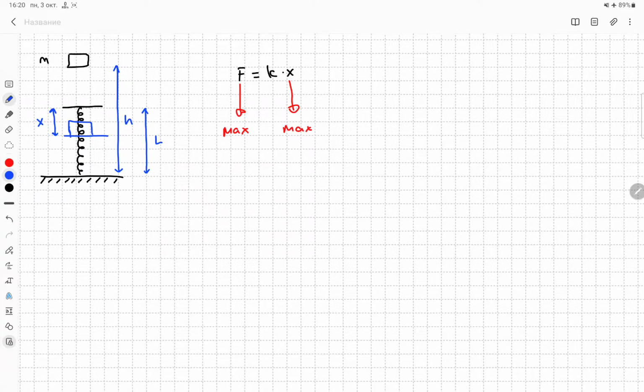Now we need to find the maximum compression. Maximum compression will be when the velocity of the object becomes zero again. So this part totally comes from conservation of energy. We need to write the conservation of energy equation.